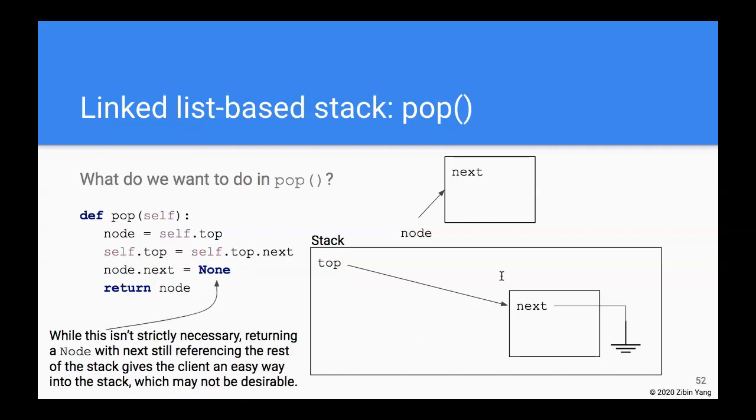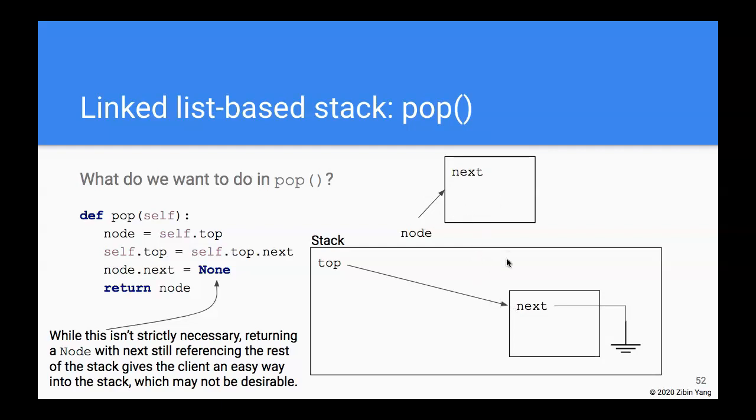Now we can answer one of the questions I glossed over just now, and that is, why do we want to set the next pointer of the node that we return to point to nothing? Well, if we keep the next pointer pointing to what it was pointing to before, that would give whoever gets hold of this node a way into the stack.